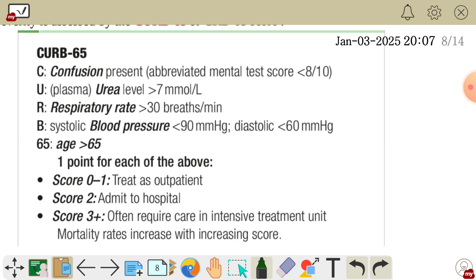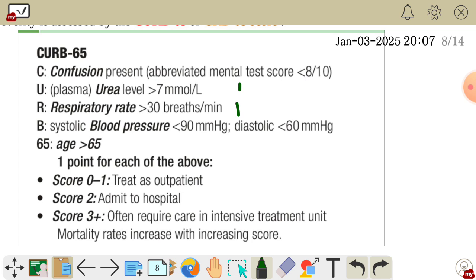So if you have a patient who presents with a urea level greater than 7, respiratory rate greater than 30, and blood pressure less than 90 over 60, then we are going to have a score of 3. That is 1, 1, 1 here. So we add the score and come up with the total score.